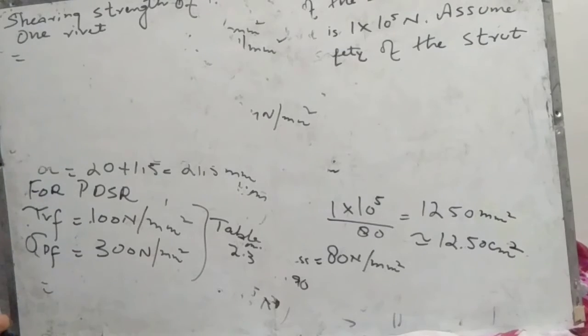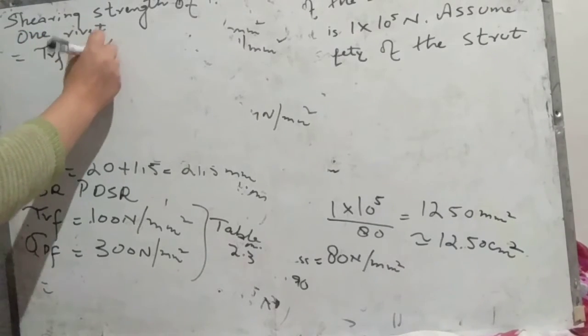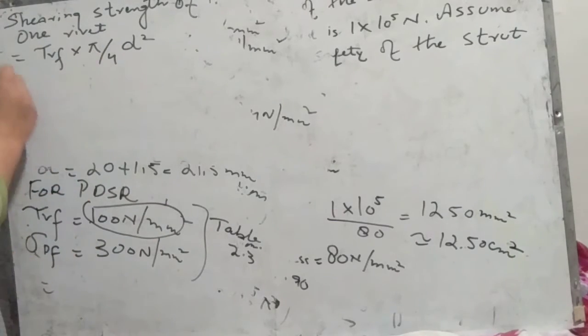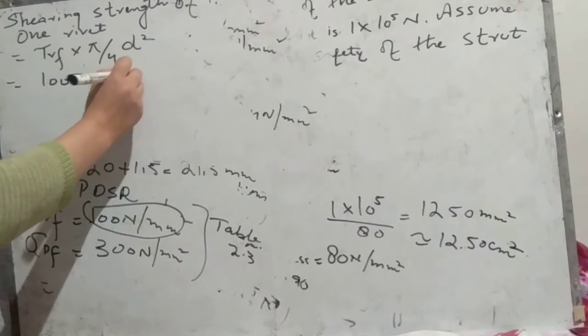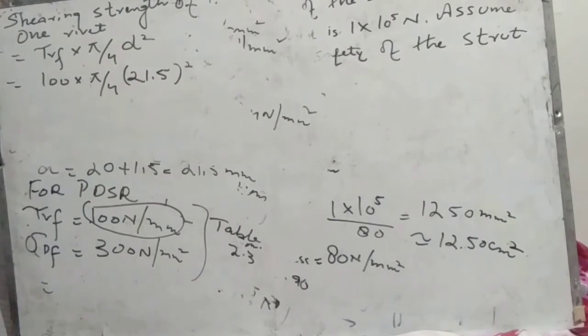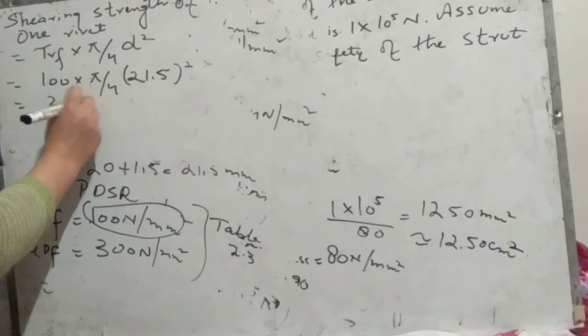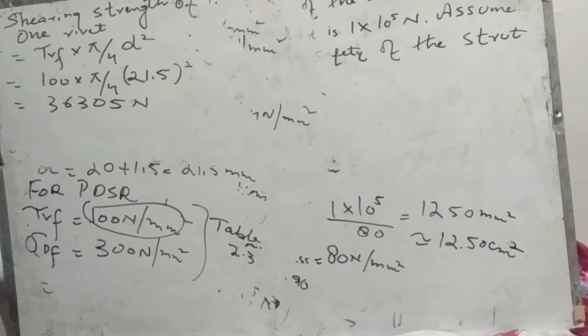To determine it, we have the formula tau Vf into pi by 4 d square. Tau Vf here is 100 into pi by 4 into gross dia. Gross dia is 21.5 squared. On calculating you will get it as 36305 Newton.